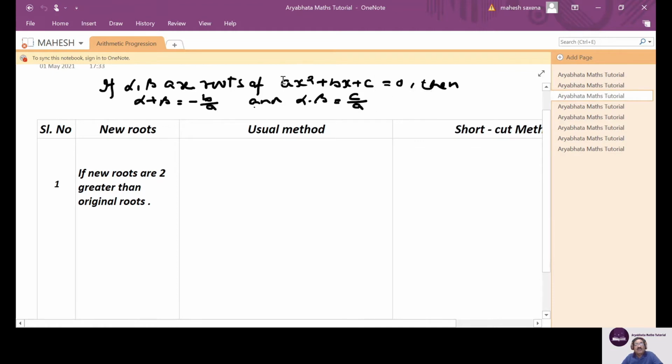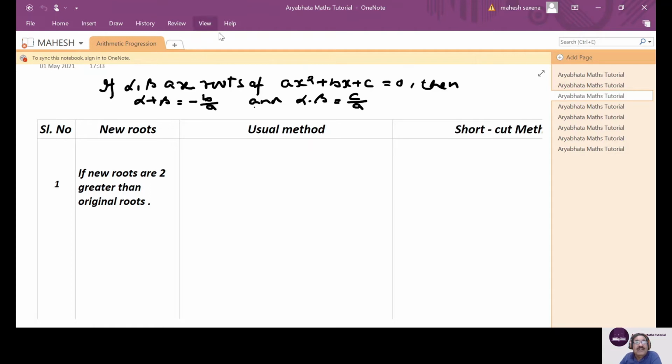Now considering this equation, the roots can be of different forms and you have to form the quadratic equation. If the new roots are 2 greater than the original roots of this equation, then what will be the quadratic equation?